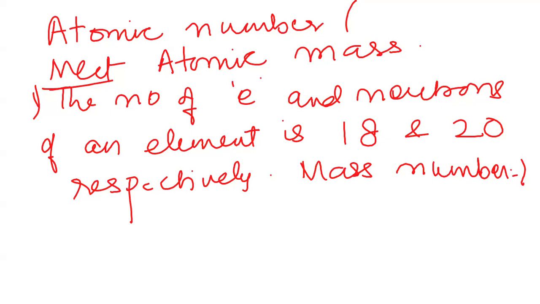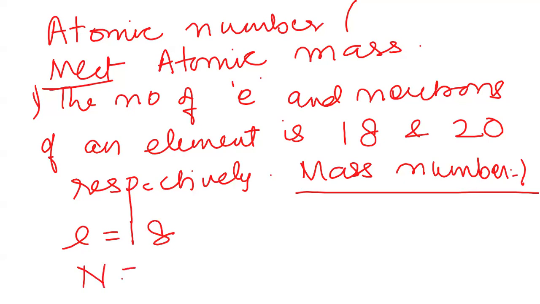Yes, fast. Yeah, teacher, done. Tell me the answer. Mass number. I'm waiting for an answer. Electron is 18. Neutron is 20. So what is the mass number?